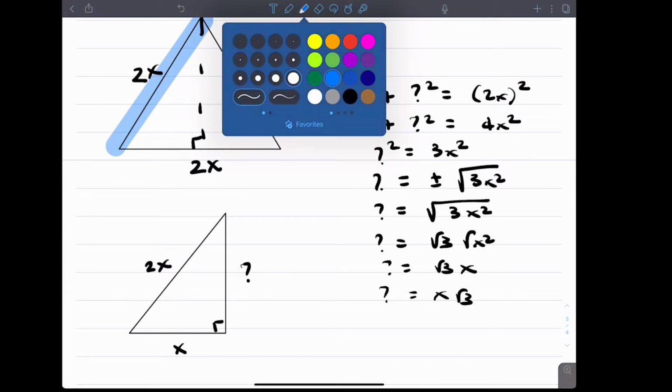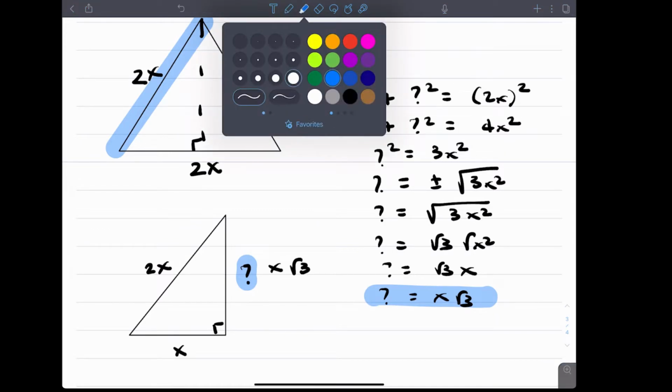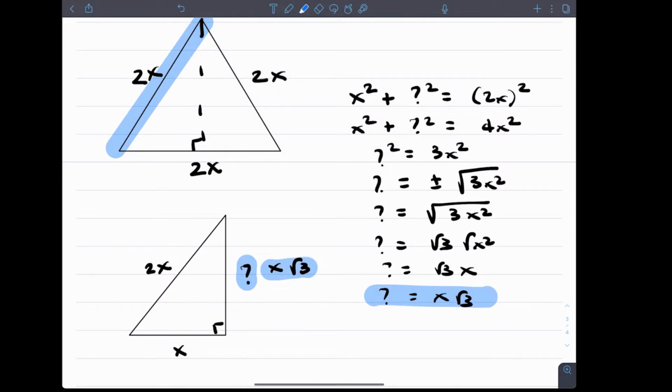So here is the length there, okay? Okay, so this is where this comes from.